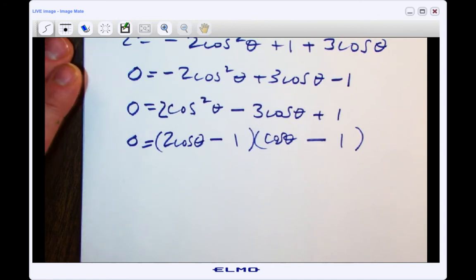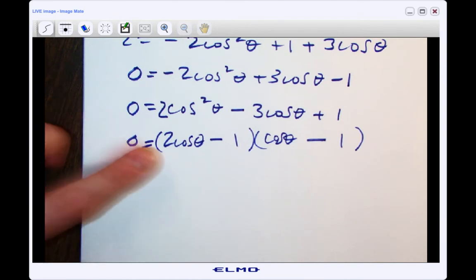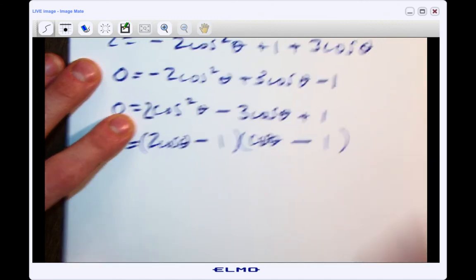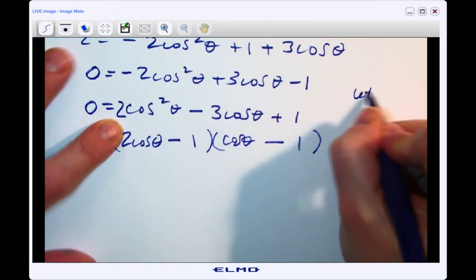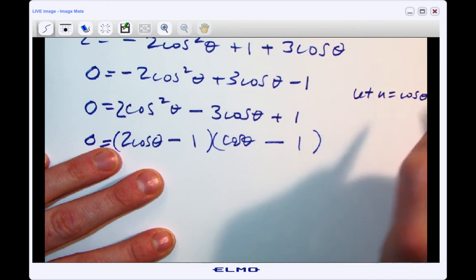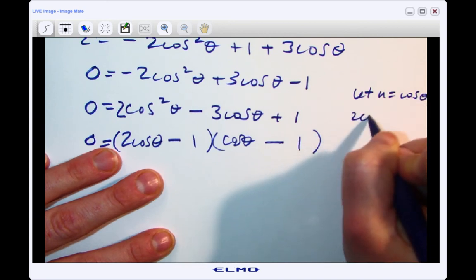I have seen some of these where you have to use the quadratic formula. So don't be surprised if you do. If you get one that's not factorable and you have to use the quadratic formula, then I highly suggest that you let u equal cosine theta and then just do it that way.